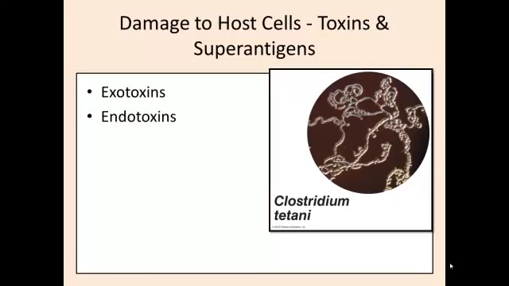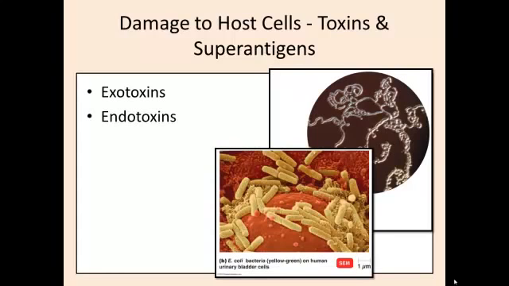Well, they're specific for any neurons, but we'll stick to humans. It prevents normal communication between different neurons, and it causes muscles to contract and to not relax. That is an exotoxin. It is released by C. tetani.